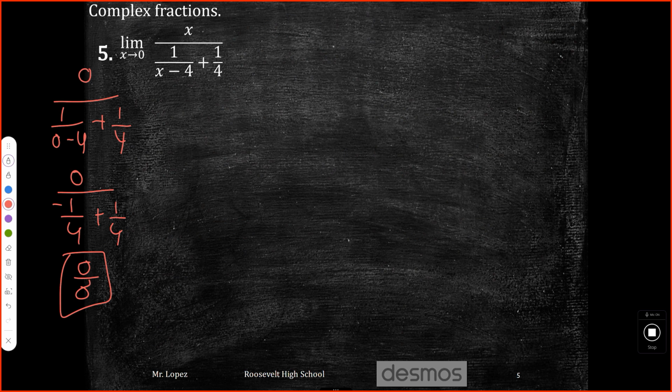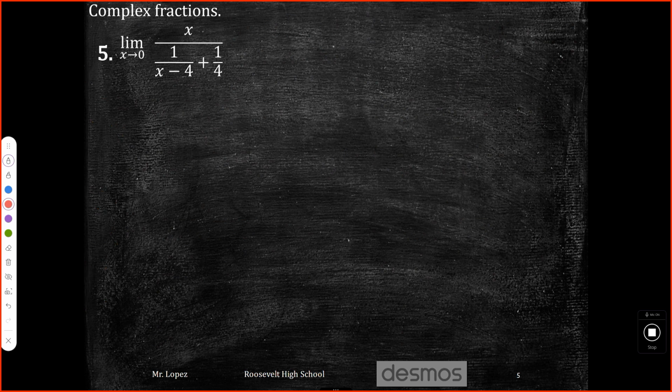So we can go ahead and do some technique in solving. This is a complex fraction. You have to keep it very organized here. We have x divided by the sum of two fractions.